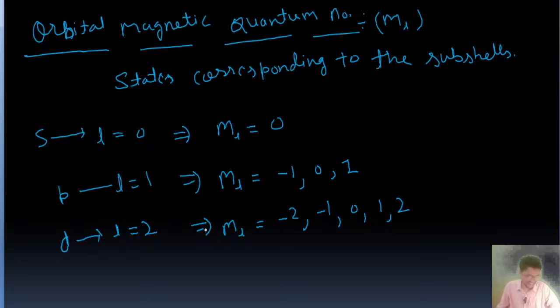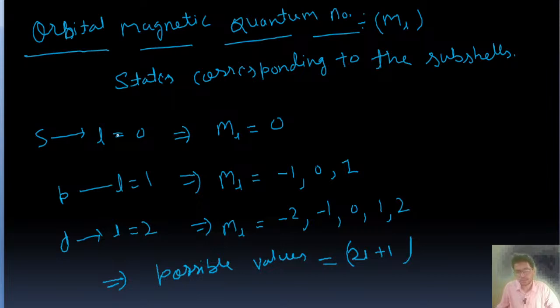The number of possible values of ml is given by the formula 2L plus 1.